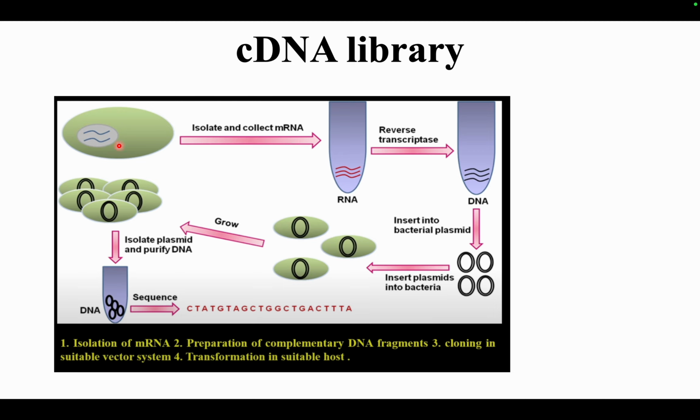The same steps we are following: we'll lyse the cells, purify the whole genome, separate the DNA and the RNA. Usually DNA is removed by adding DNase enzyme, so all the DNA is cleaved off and we are left only with the RNA. Then we'll collect the RNA.